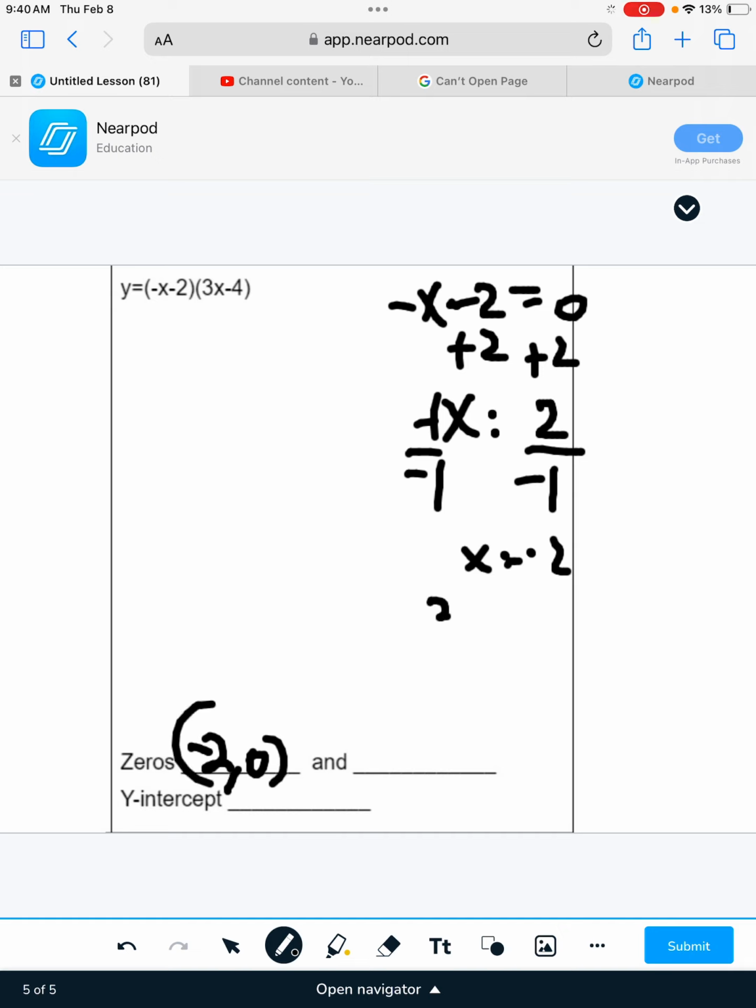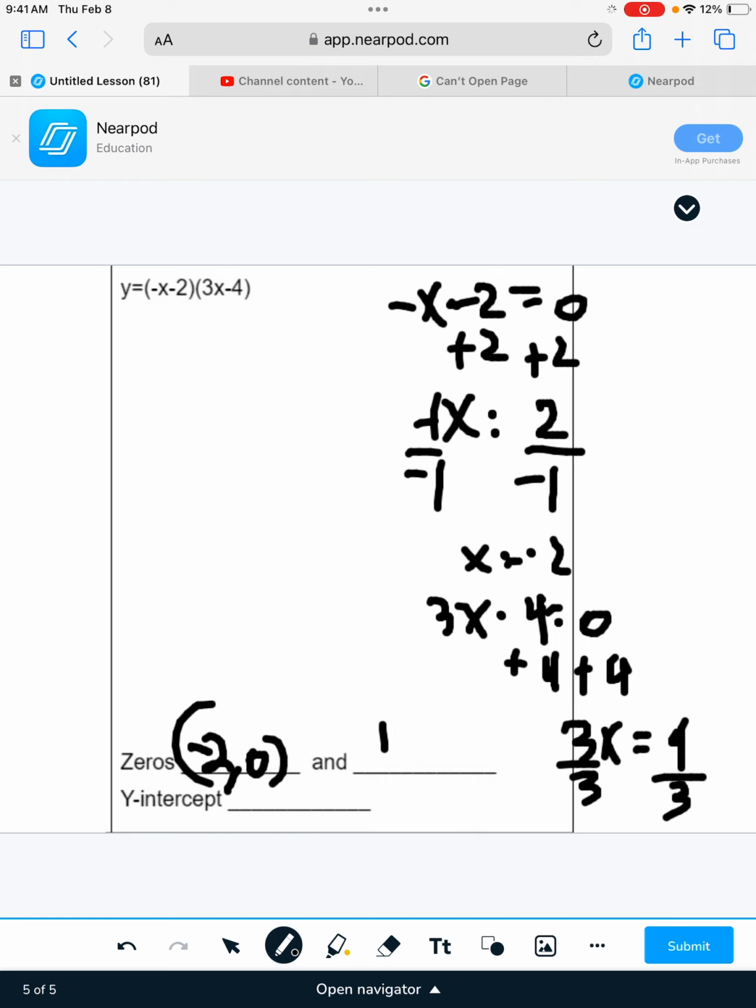I can again go 3x minus 4 equals 0, and that's going to be plus 4 plus 4. 3x equals 4. When I divide by 3 on both sides, I get 1.3, because 4 divided by 3 is 1 1/3, and your calculator is going to give you 1.3. You could also have written it as 4/3, and I still would have accepted it.